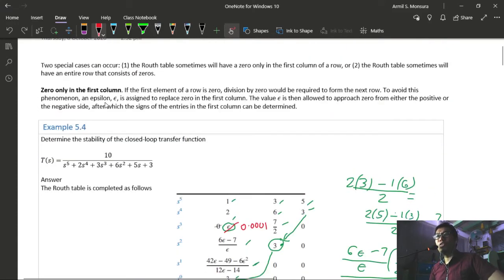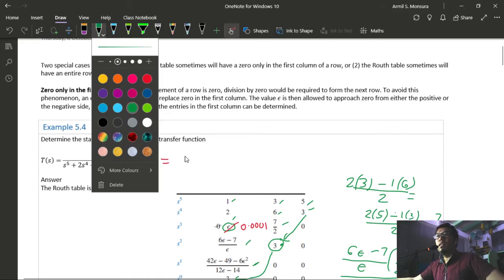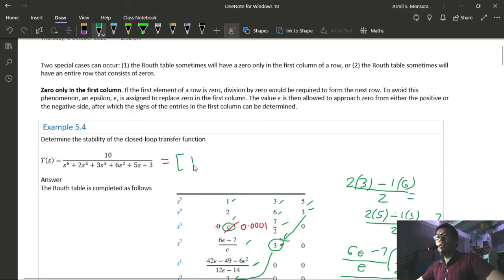So here, if this is the denominator given to us, in which our coefficients are 1, 2, 3, 6, 5, 3.